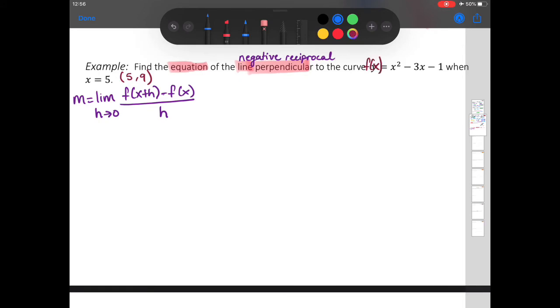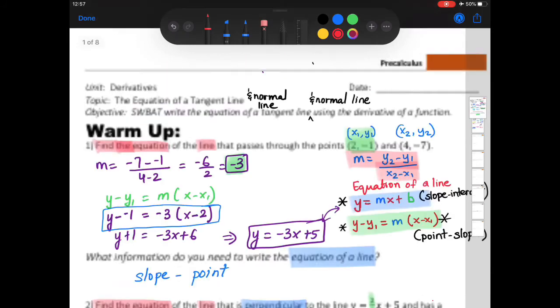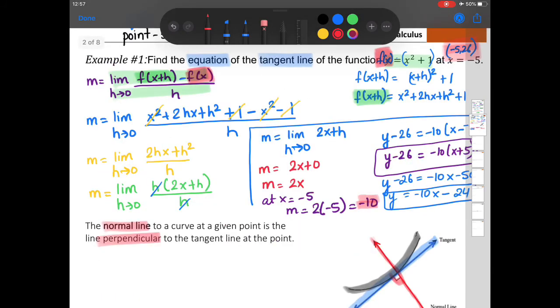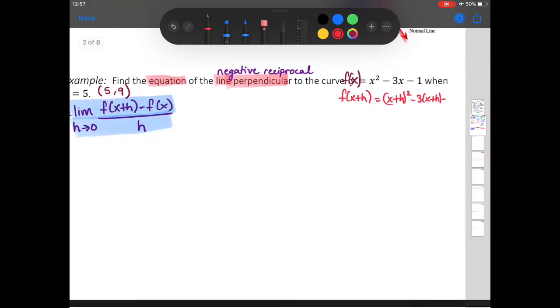I know that I can find my slope using my difference quotient, right? So first, for that I need to know my f of x plus h. So I'm going to find my f of x plus h here. F of x plus h is what? (x plus h) squared minus 3(x plus h) minus 1.